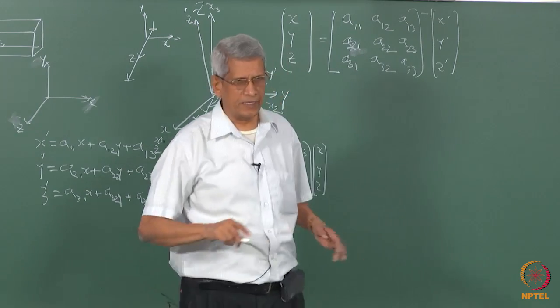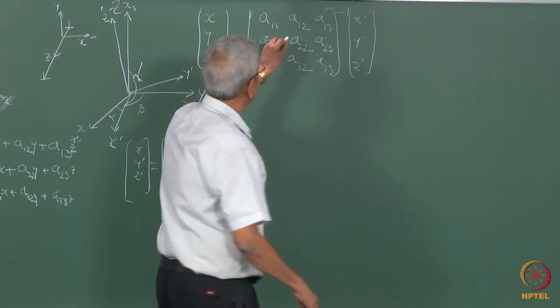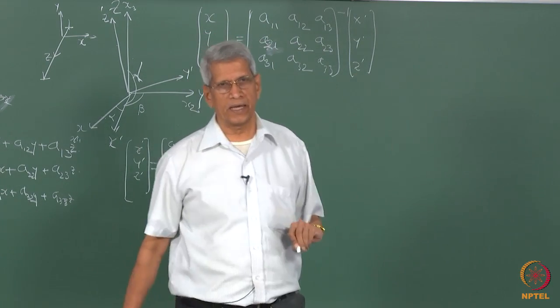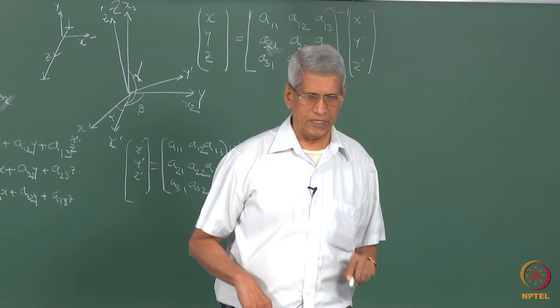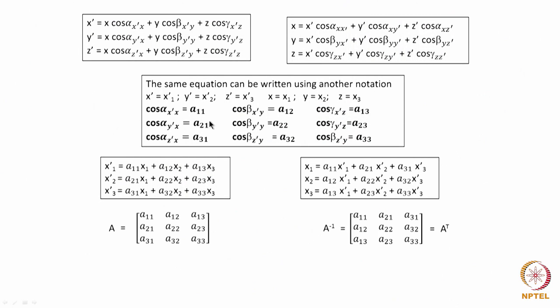And the inverse of this matrix turns out to be nothing but the transpose of that matrix. That's what is shown in this transparency.